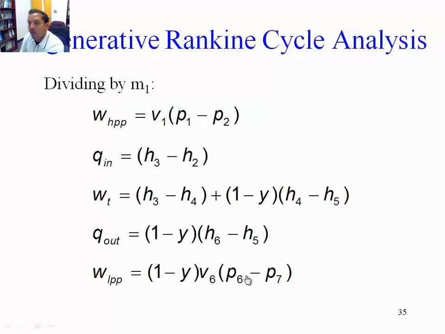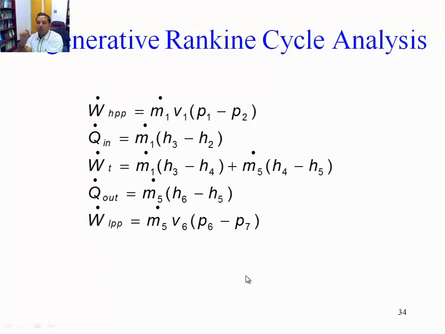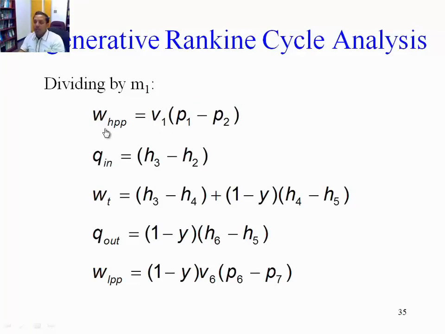So, if we divide everything by M1, and we know that the fraction Y is defined as M4 over M1, the fraction of water taken at the intermediate stage of the turbine compared to the entire mass flow rate M1, we get in specific form that the work in the high pressure pump is V1 times P1 minus P2. The Qin, the cost of fuel, is H3 minus H2. The work in the turbine is H3 minus H4 plus 1 minus Y, the fraction at the end of the turbine, times H4 minus H5.